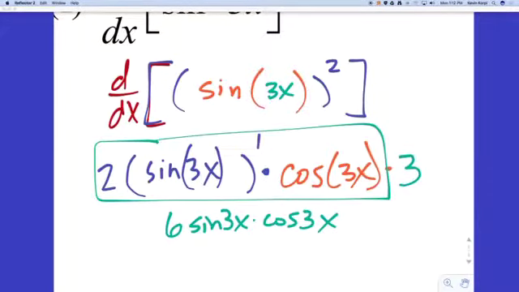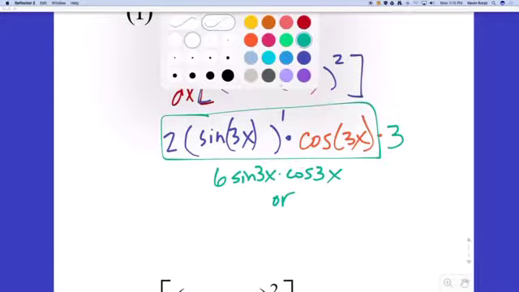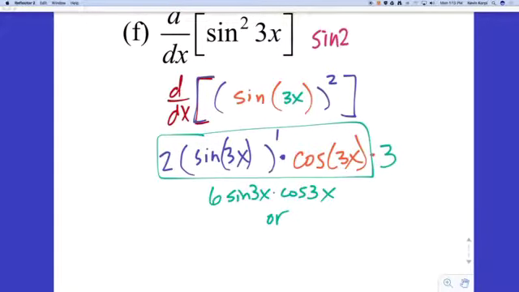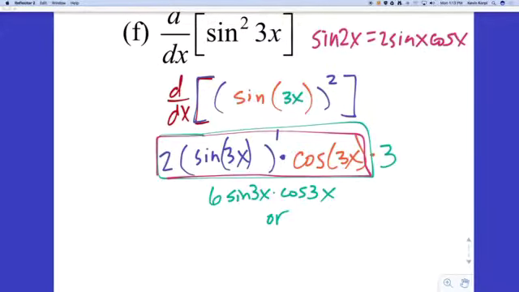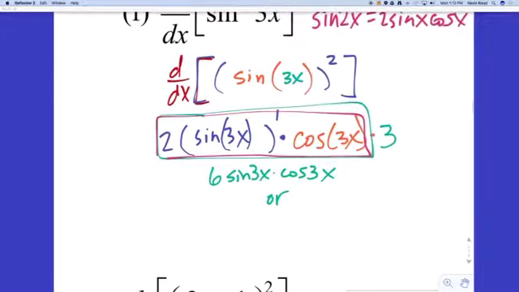Or, what is 2 sine times cosine equal to? Remember the double angle identity? Sine of 2x is equal to 2 sine x cosine x. That's kind of what we have here. We have 2 sine of 3x cosine of 3x. So we can condense that to sine of twice 3x, which would be sine of 6x times the 3 that's in the back that doesn't get used.